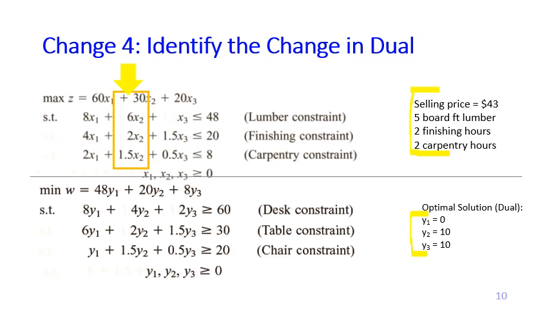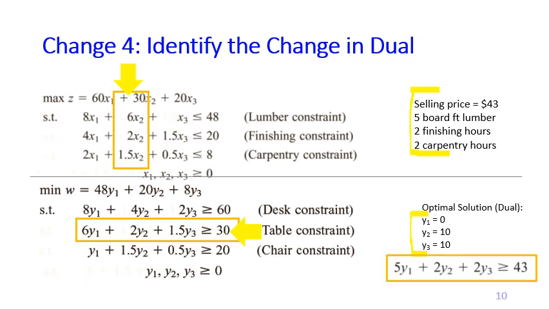In the dual problem, it will change the entire table constraint. So we will have a new table constraint that says 5y1 plus 2y2 plus 2y3 greater than or equal to 43. That is our new table constraint corresponding to the new column in the primal problem.